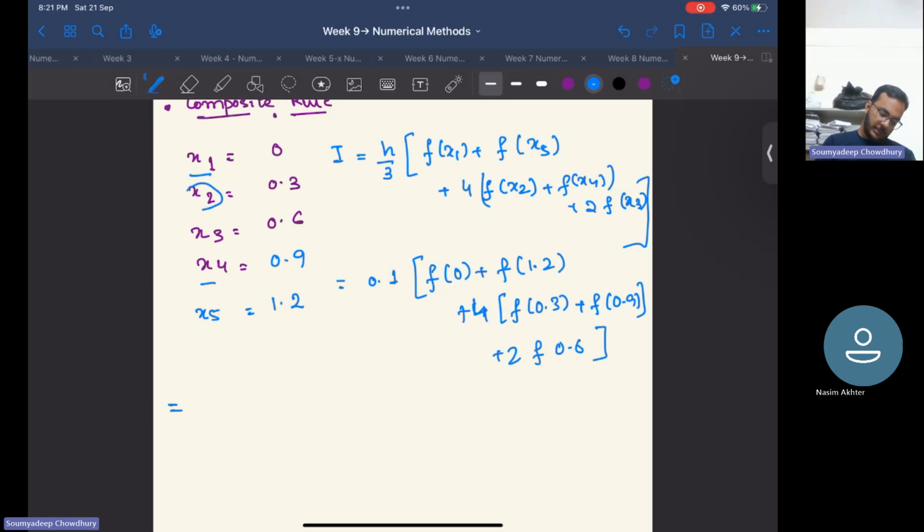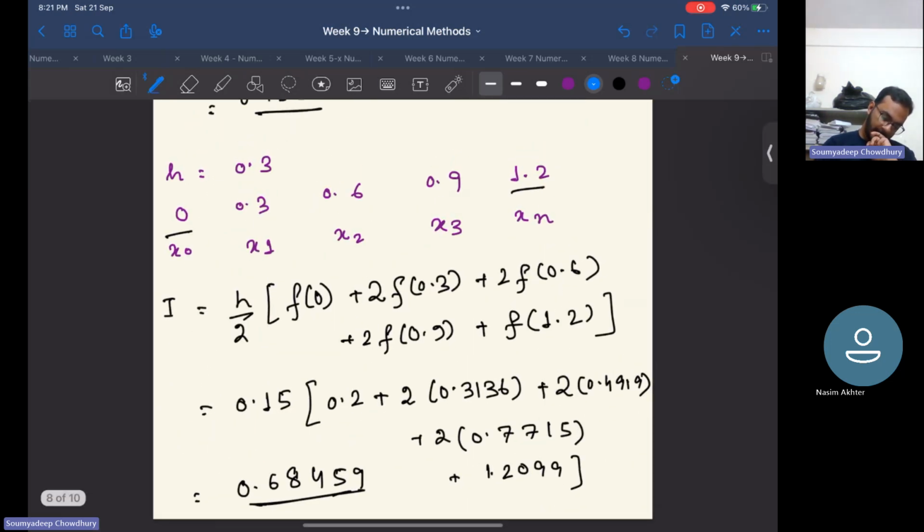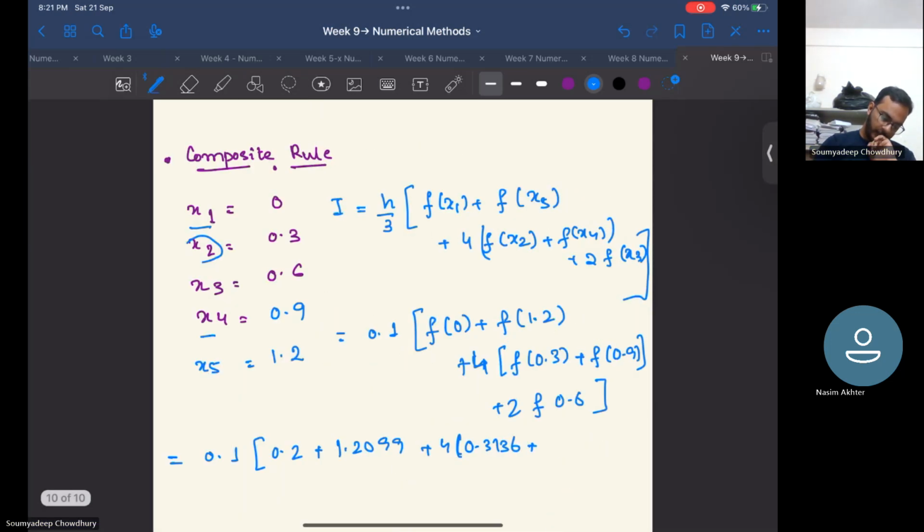So it will be basically 0.1 into 0.2 plus 1.2099, 4 into 0.3136 plus, I think, how much was it? 0.7715. 0.7715, 2 into 0.4919.